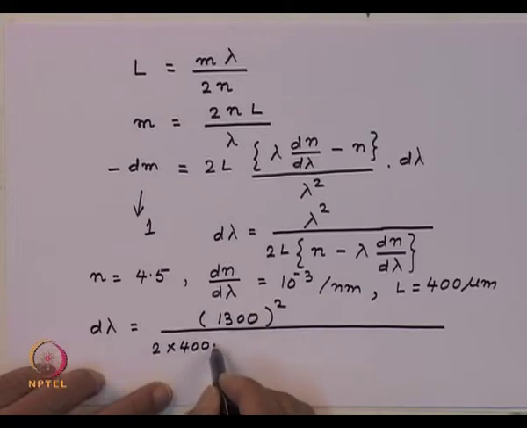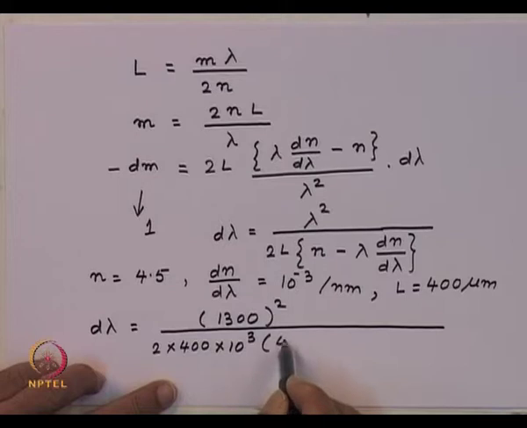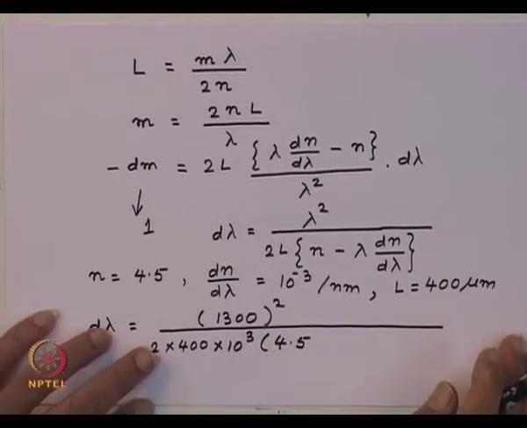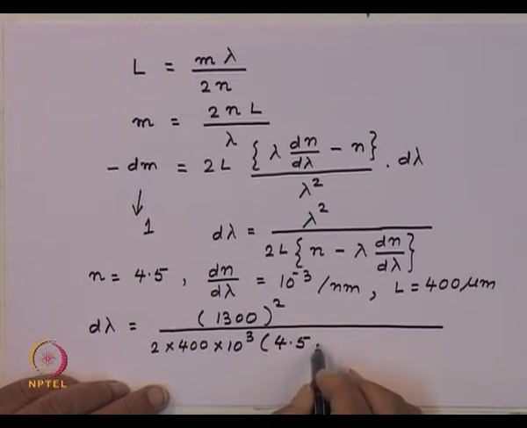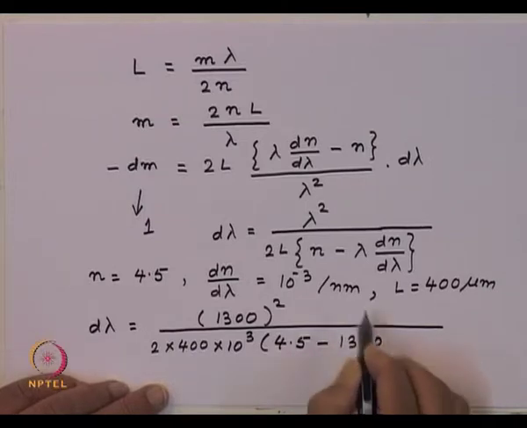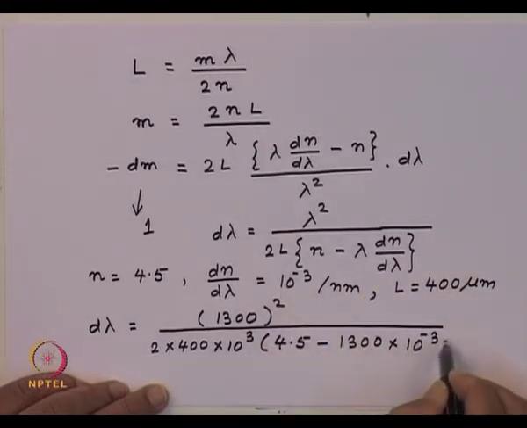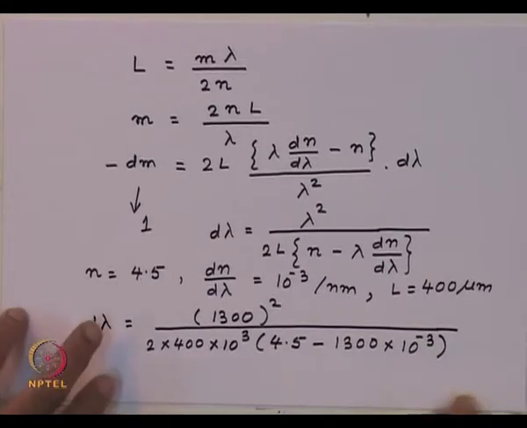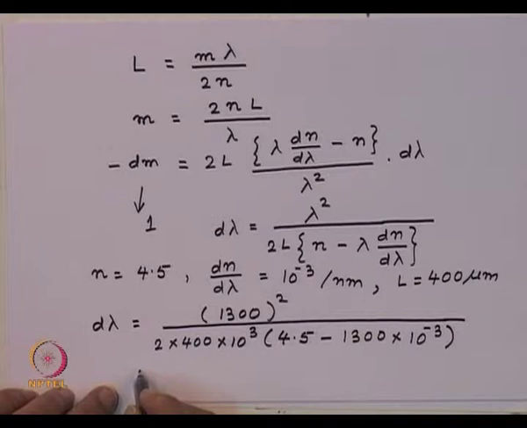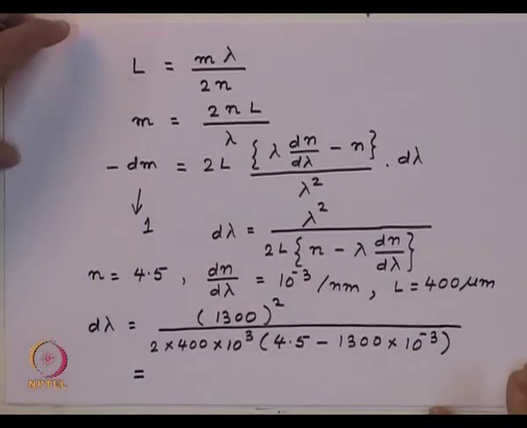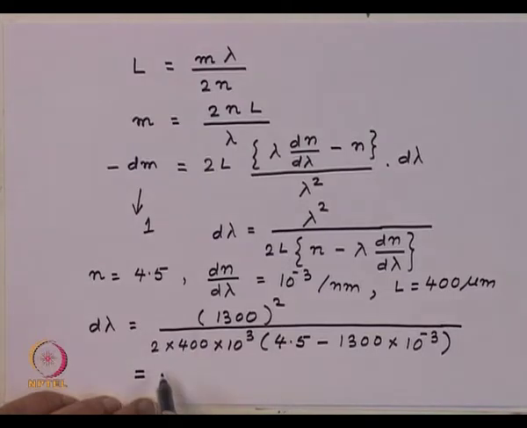If you want to convert into nanometer, 10 to the power 3, into 4.5 minus lambda, which is 1300, multiplied by dn by d lambda, which is 10 to the power minus 3. So, if you solve this, you get the separation between the lines for this laser, that will be equal to 0.66 nanometer.